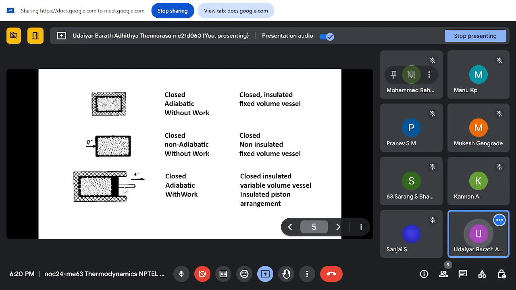So this is a closed system, there is no mass transfer, and there is no heat transfer, but there is a work transfer. So in this case it will be a closed system, but instead of heat, it is work.